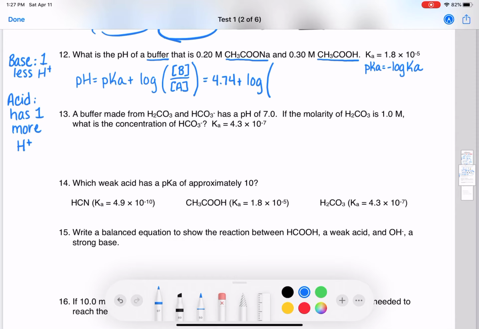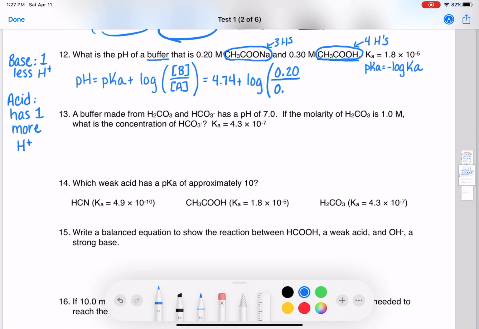So we're looking at our two formulas. This first one has 3 hydrogens. And now we're looking at this one. This one has 4 hydrogens. So the one with the 4 hydrogens is the acid, 3 hydrogens is the base. The concentration of the base is 0.2.